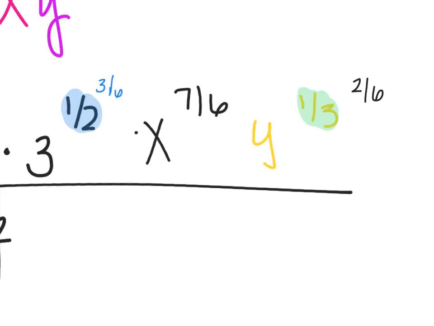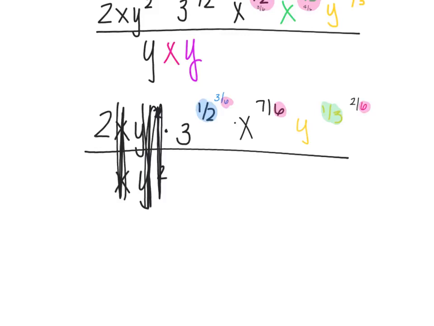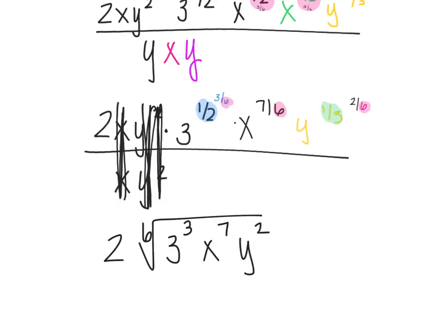And you're like, why did you do that? The reason I did that is because now all of my denominators are 6, and I can put this in one root symbol. So I still have 2 on the outside, but now I have the 6th root of 3 to the 3rd power, x to the 7th power, and y to the 2nd power.